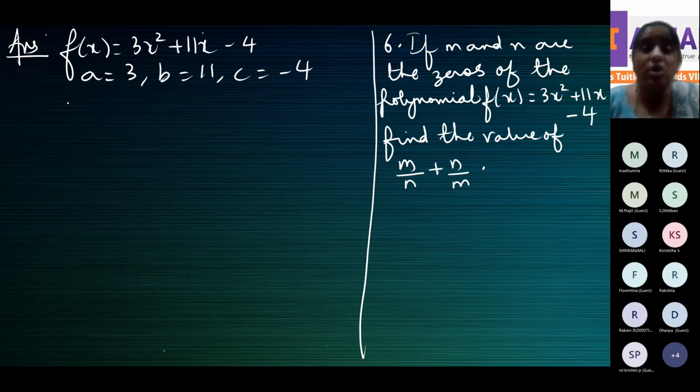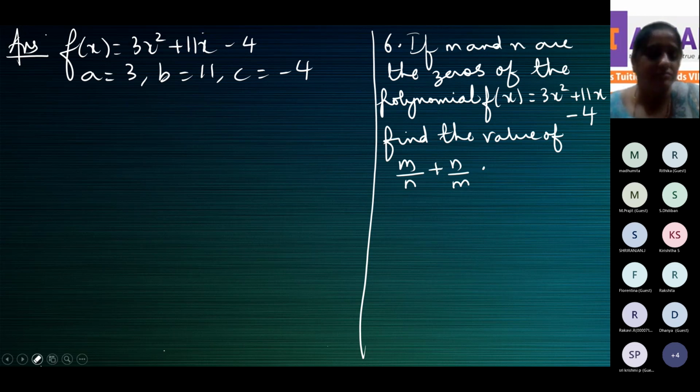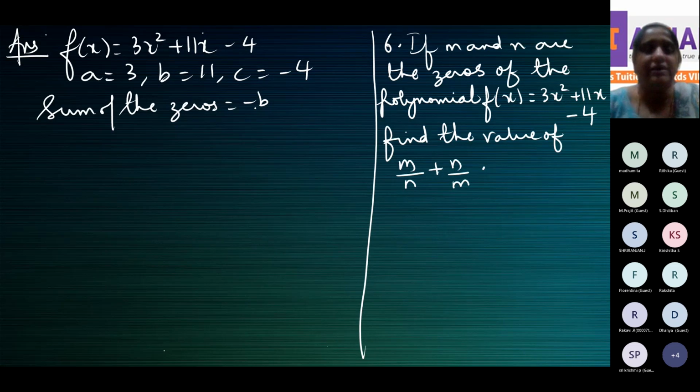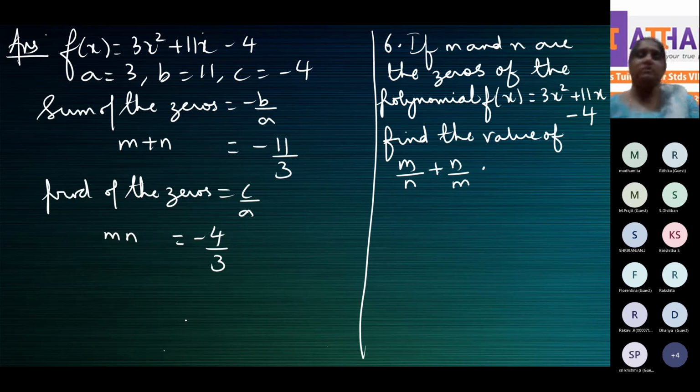Now sum of the zeros, m plus n, is minus b by a. That means m plus n, because m and n are the zeros, is equal to minus b by a. Then product of the zeros is equal to c by a. That is mn is equal to c by a, minus 4 by 3.